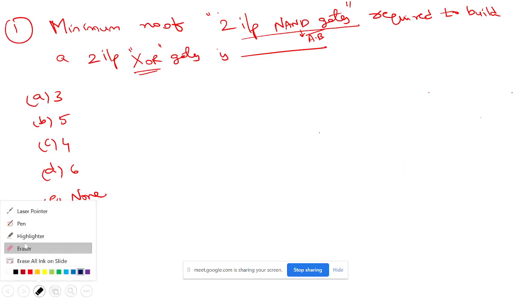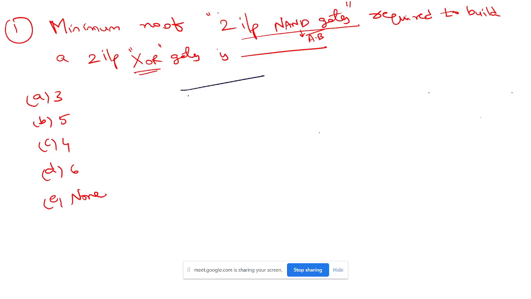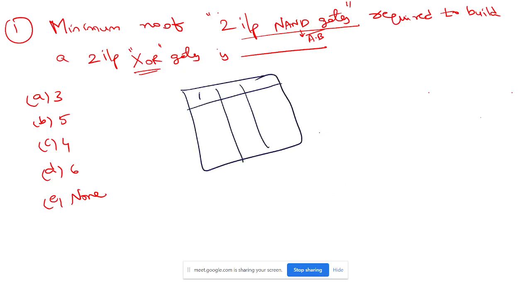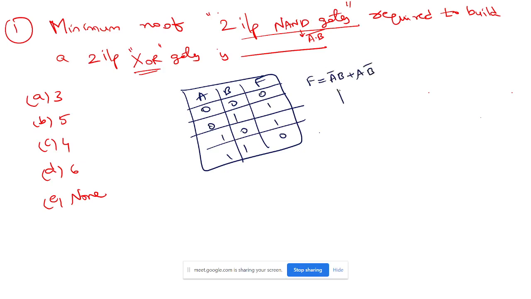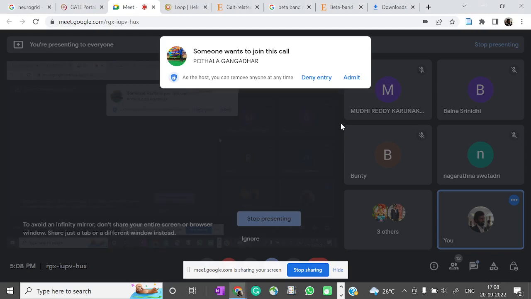XOR operation, right? Zero zero zero one one zero one one. This is the XOR operation. So I can write generally A bar B plus A B bar. Now this is how people start.